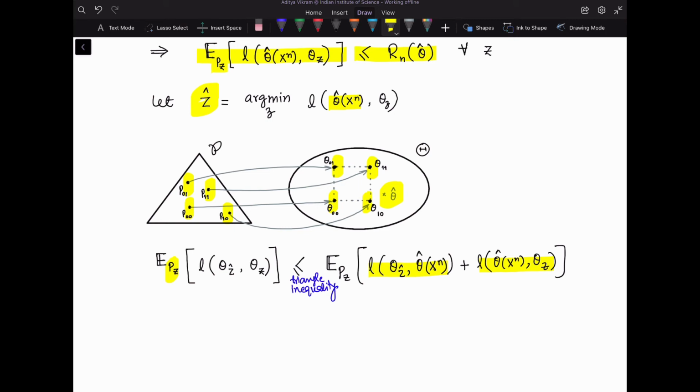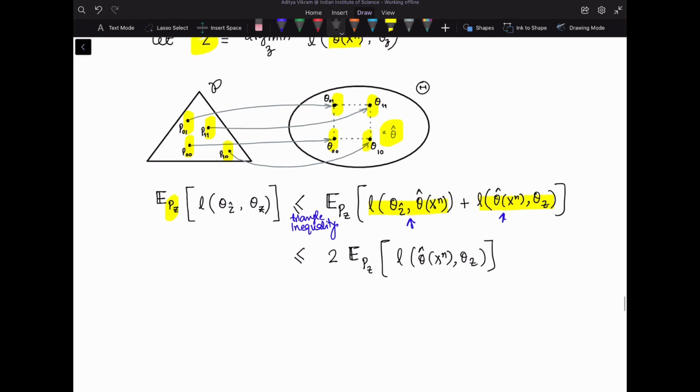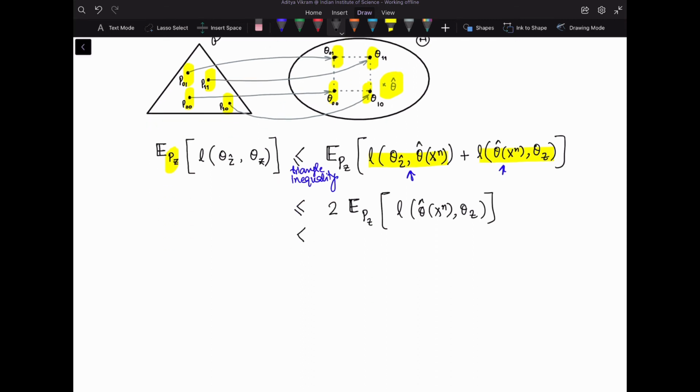So this thing would be smaller than the other one, and so we get that this is less than or equal to, right, and we have an upper bound for this, which is the worst case risk R_n(theta hat).